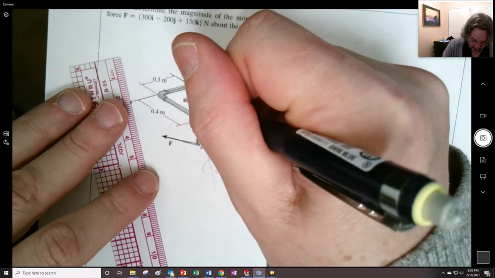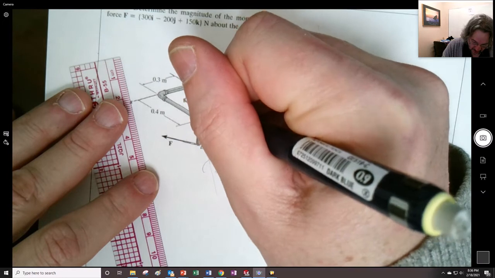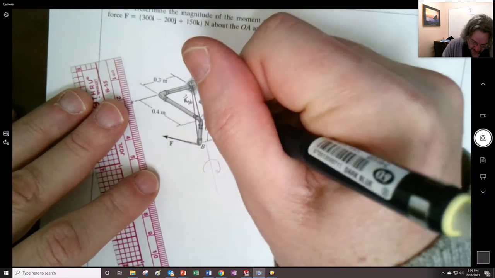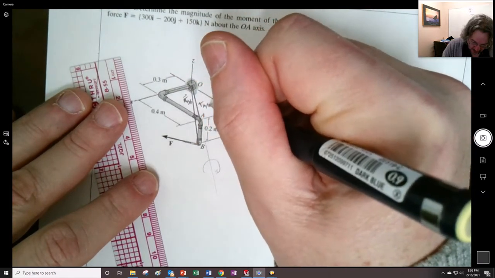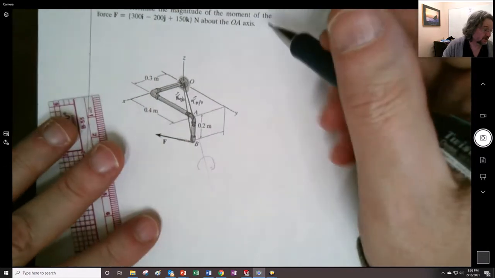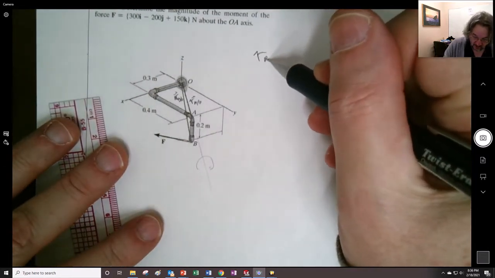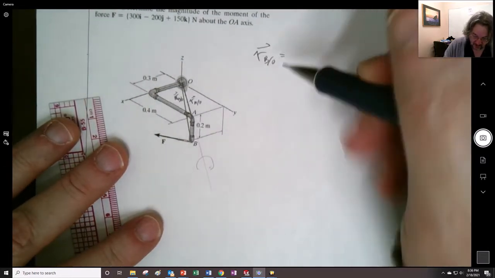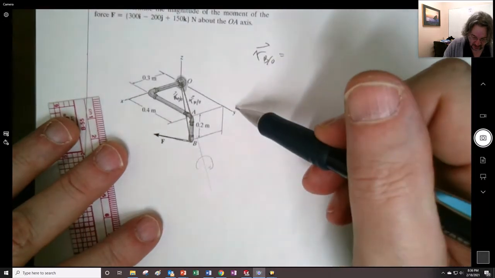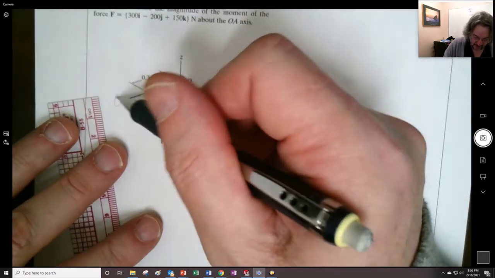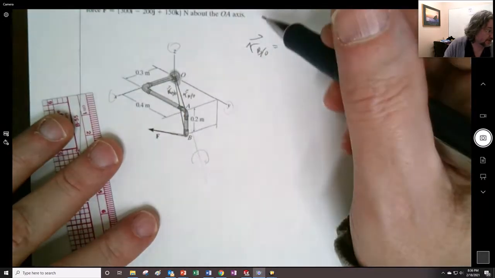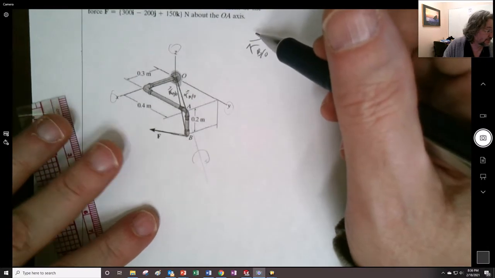So this is going to be the RB with respect to O, and this is going to be the RA with respect to O that we're trying to find. First off, RB with respect to O is going to go, and once again, they messed around with us by having our X, Y, and Z. I really want to change those, but we're going to keep them the same.